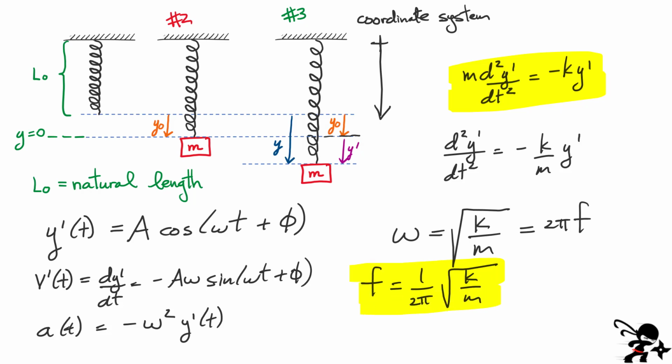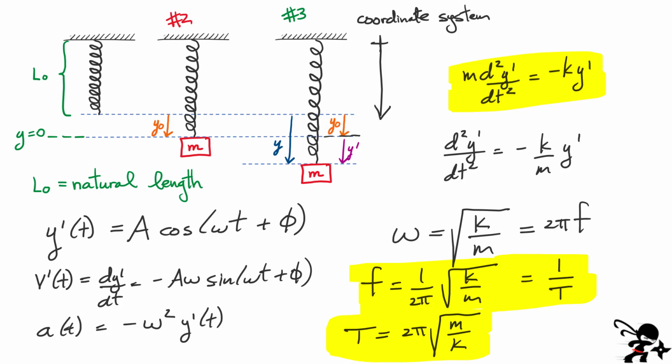Once you know the frequency of oscillation, you also automatically know the period because the frequency is simply 1 over the period. Now, if you take this equation, you can just rearrange this. If I'm looking for the period, for example, you have to take the reciprocal of this relationship. So the 2 pi ends up swinging to the top, and then the term in the square root simply flips around. Okay, so now we know the period of oscillation.